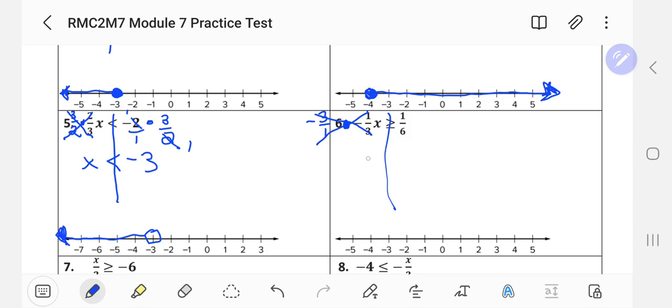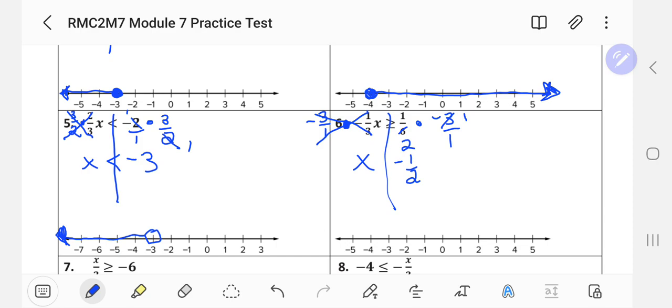So I get 1x on this side, and I'm going to multiply by negative 3 over 1. And that gives me, ooh, interesting. That's going to cancel and be 2, cross cancel. And that gives me negative 1/2.